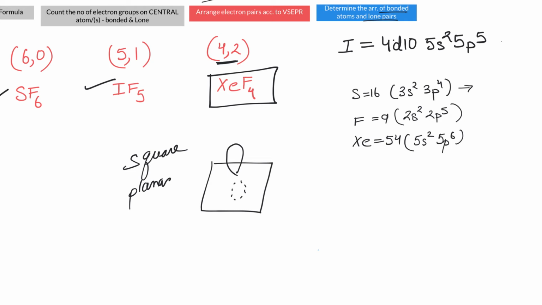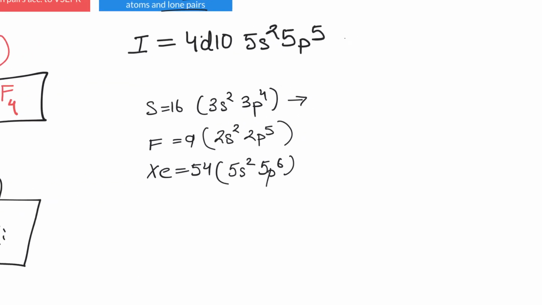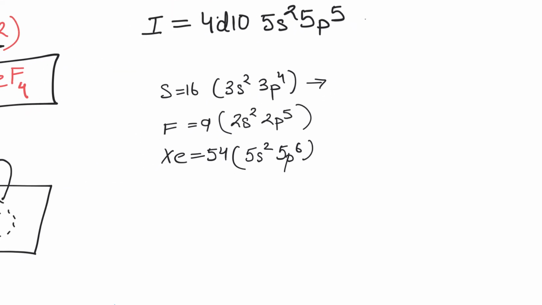Now, what we have to do is figure out the hybridization, right? That is what this video is all about, figuring out the hybridization. So, XeF4 means you need 4 bonds. Now, 5p6, that's not going to be easy for us, right? Because we need 4, right?